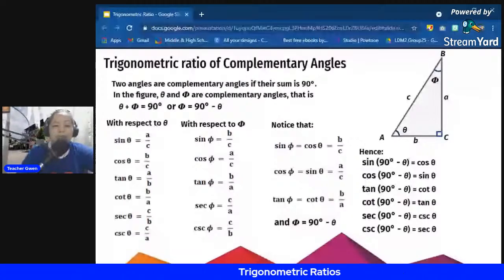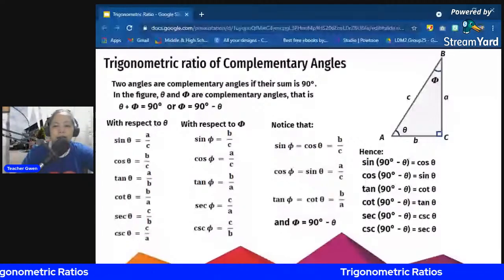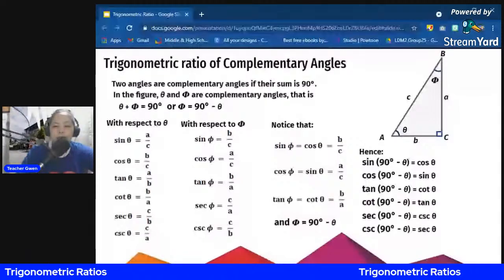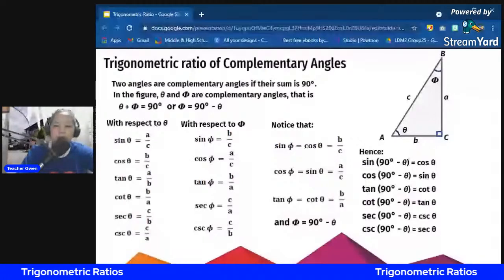With respect to theta, can you see theta? Sine theta is equal to a over c, or opposite over the hypotenuse. Cosine theta is equal to the adjacent over the hypotenuse, which is b over c. Tangent theta is equal to opposite over adjacent, a over b.